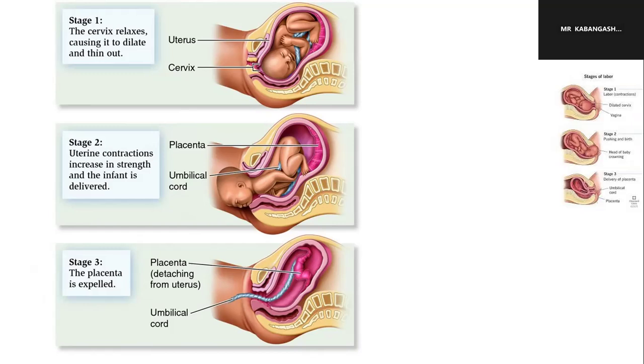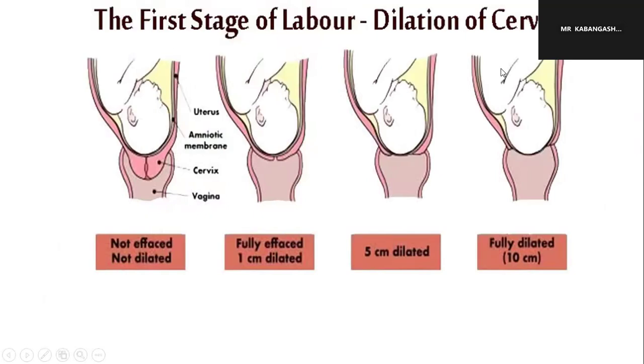So you must respond and give room for them to understand what you have tried to explain. Let the patient and the caregivers air out their concerns, because there are so many misconceptions about labor, especially in the setup that we live in. So many beliefs and myths associated with labor.